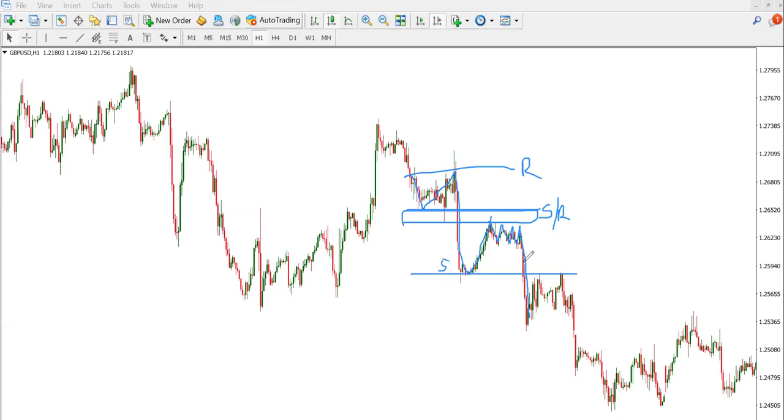And then once we broke that support, this area has now become resistance, and so on and so forth. So that's what we mean when we say support turns into resistance or resistance turns into support.